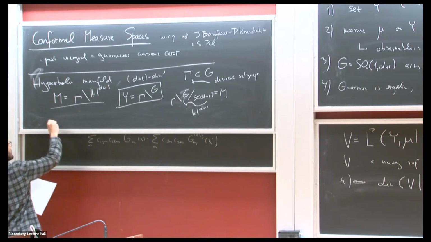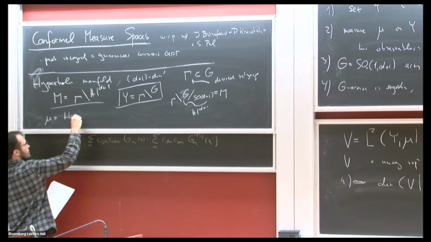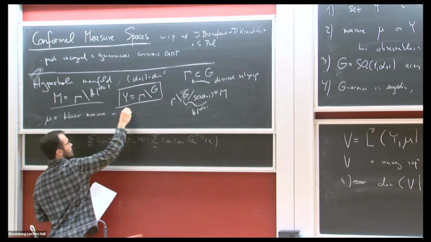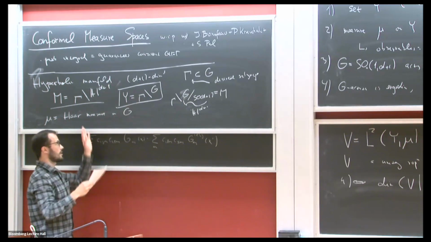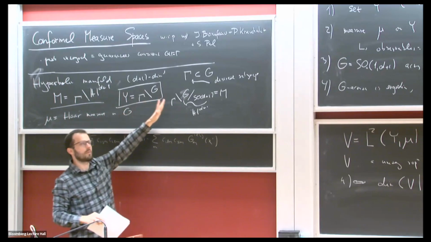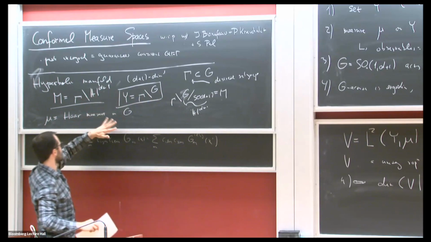And so what is the measure? Well, the measure is just the Haar measure. You take the Haar measure on G. And when Gamma is discrete, this descends to a nice measure on Y, which is invariant under right multiplication by G. So you can right multiply by G and everything stays.